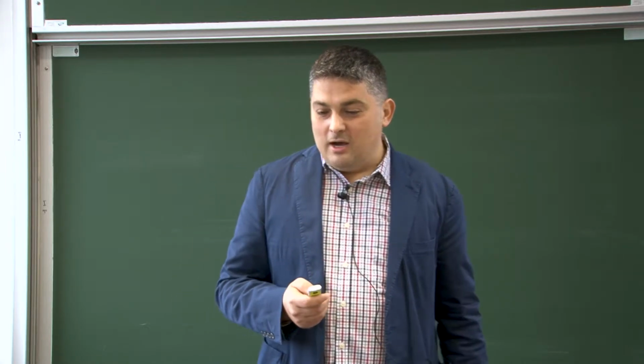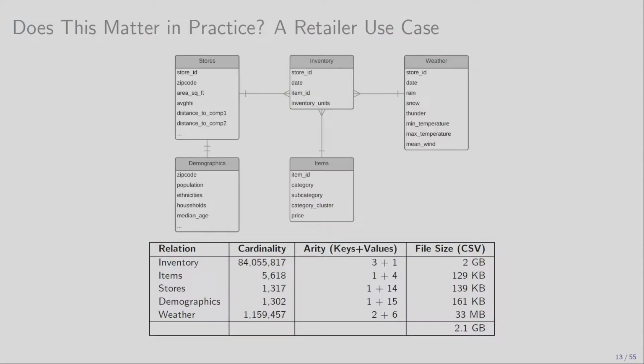Right, so does this matter in practice? Let me give you a short introduction to this. I will take a retailer data set, the one we discussed also in the previous settings. Imagine we have store, inventory, weather, demographics, and items, and we have essentially 2.1 gigabytes on disk.